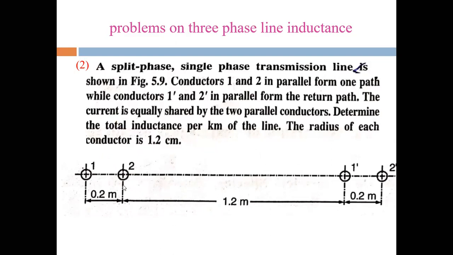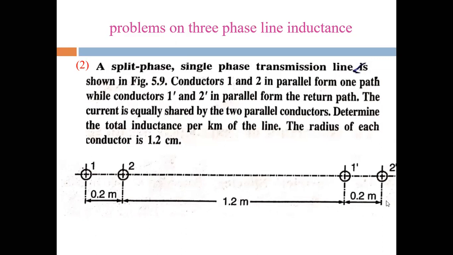Next we calculate D12 dash. The distance from conductor 1 to 2 is 0.2, plus 2 to 1 dash which is 1.2, plus 1 dash to 2 dash which is 0.2.